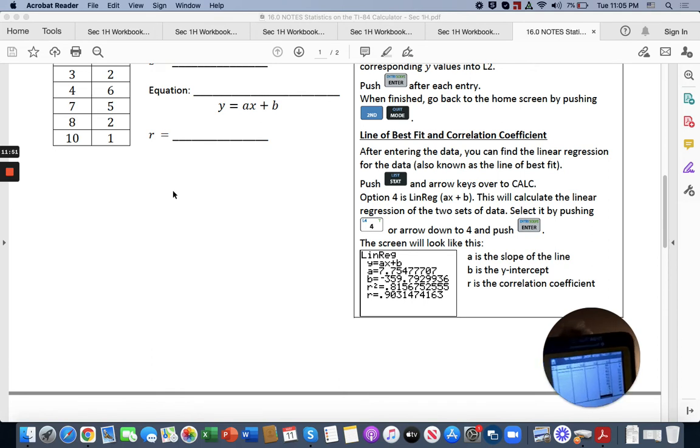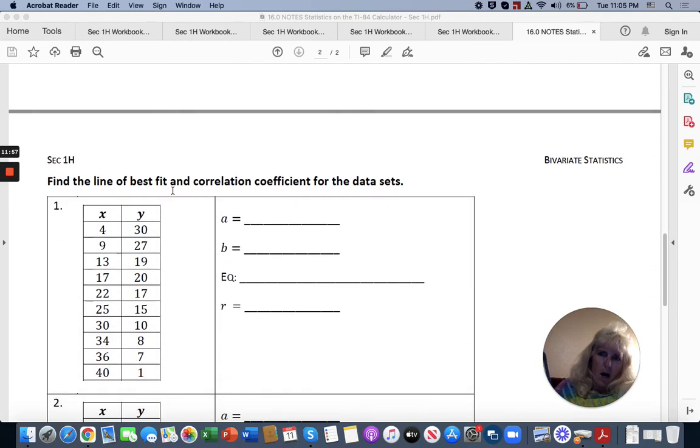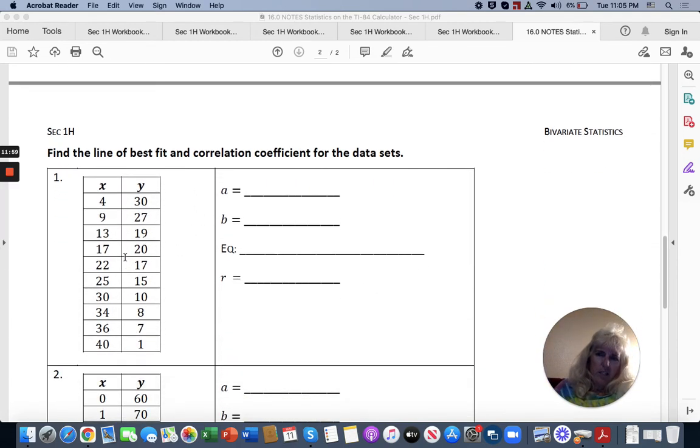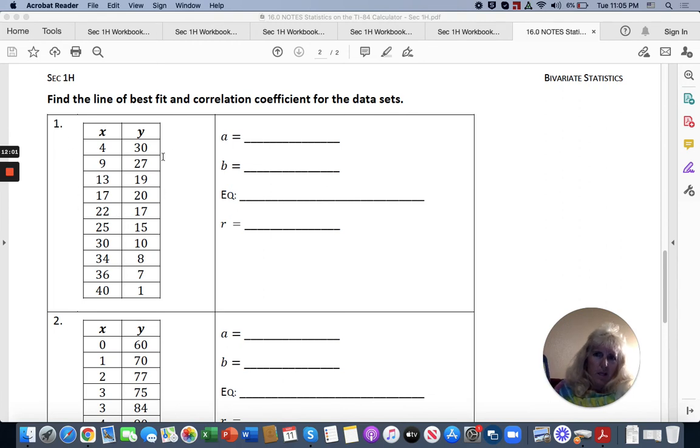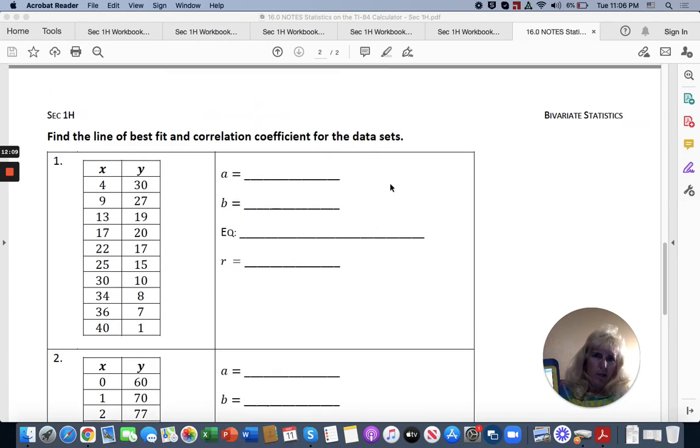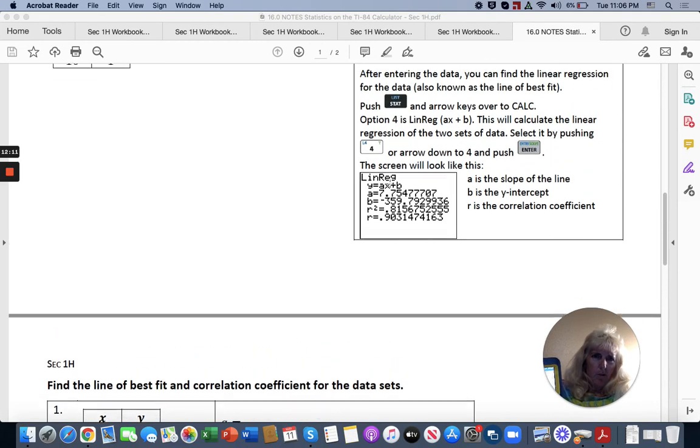Okay, so again, we're going to go back up to our instructions. So I just went and did all these numbers here and put those in for L1 and these in for L2. Now I'm going to find what A, B, what my equation is, and what R is, and see how correlated the numbers are.